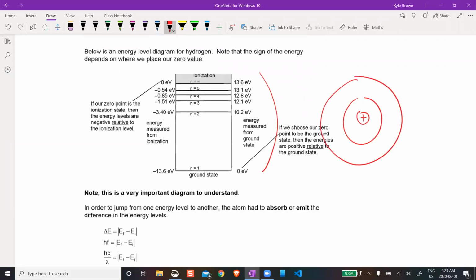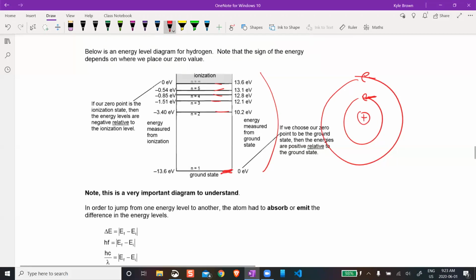Every one of these little energy levels going up and up and up actually corresponds to these energy levels going around the atom. So this would be my ground state, right here, and then right here, that's going to be my n equals 2, and so on. As we go around, you'd have more and more, so that electron can get higher and higher, or farther and farther away.